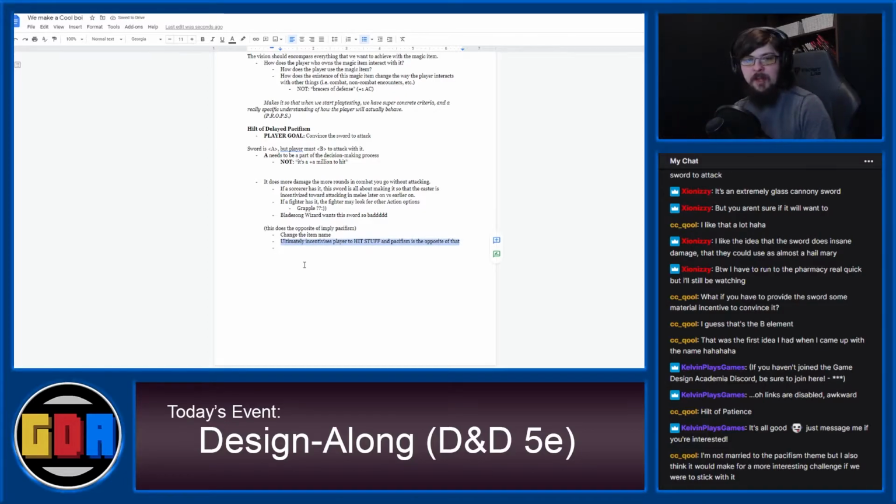We've, again, back to the objectivity thing. If our goal is to represent pacifism via player decisions, then a design that incentivizes attacking is objectively not a good design, right?